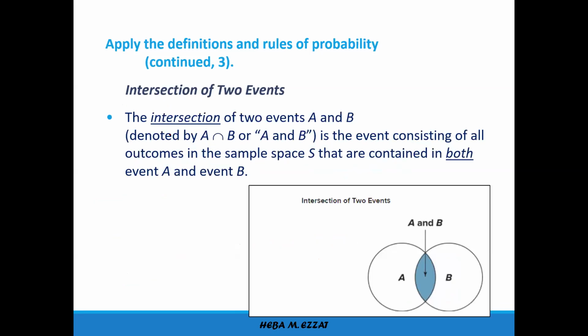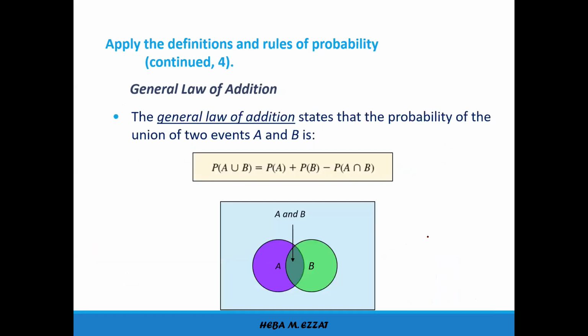This explains that the intersection is contained in both, as I told you, it's contained 2 times in A and B. So to not be repeated 2 times, I have to subtract the intersection between the 2 events.